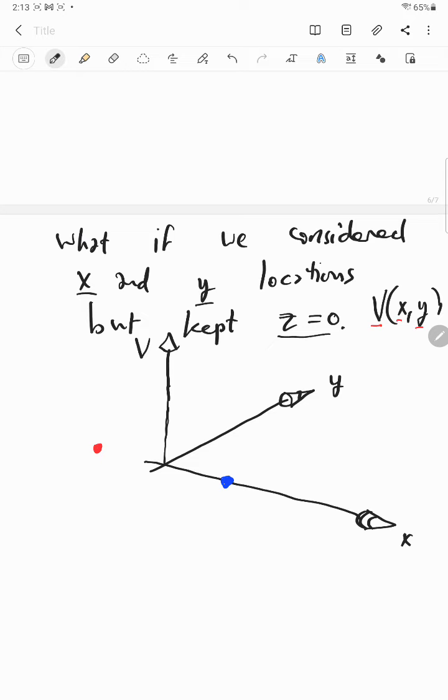Okay, so if I was to stay along the x-axis, so that is at y equals 0, then we already know the answer. The answer sort of looks like this. It comes up from below, crosses through the origin, and then goes up to infinity as I get close to the x location there.